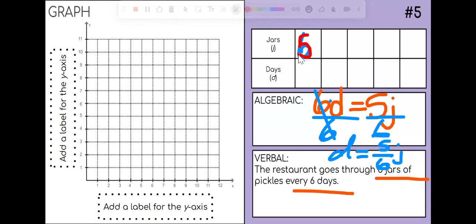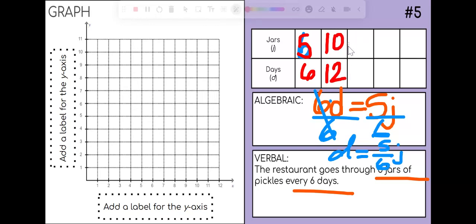I'll write it in a different color. Sorry. 5 jars, 6 days. Well, what about 10 jars? How many days would it take me to use up 10 jars? If 5 jars is 6 days, 10 jars is double the amount. 10 jars would take me 12 days.